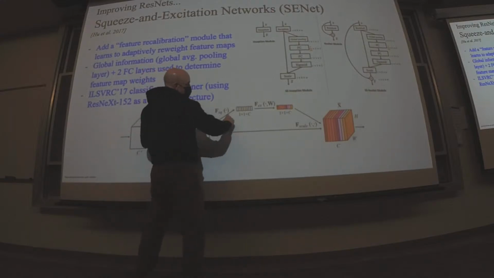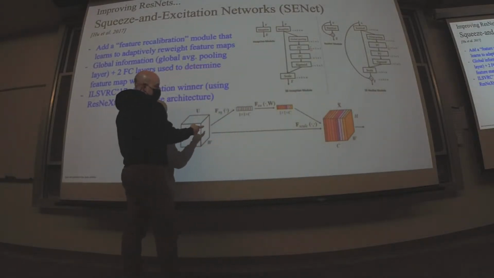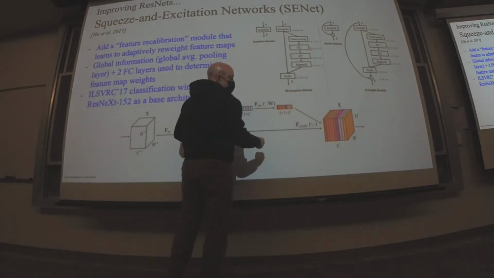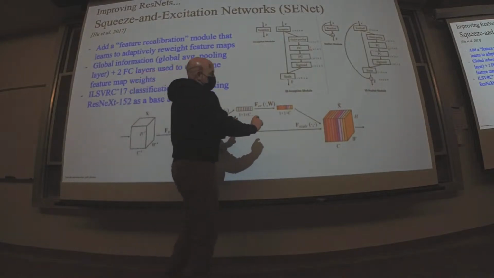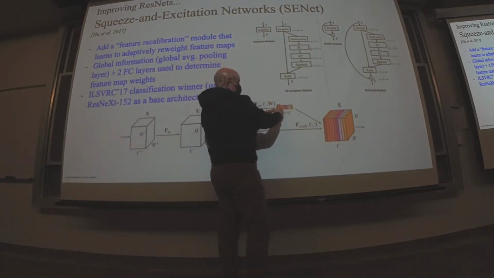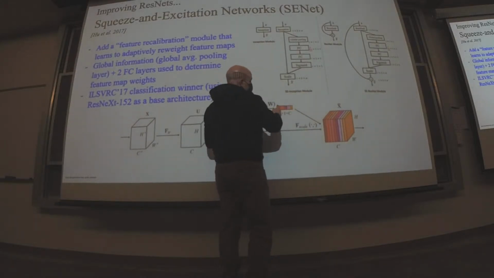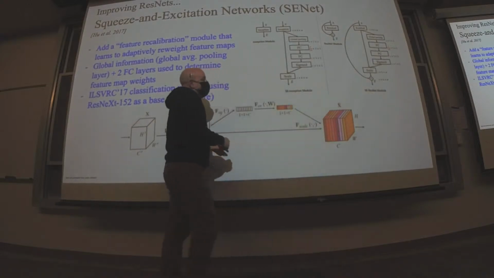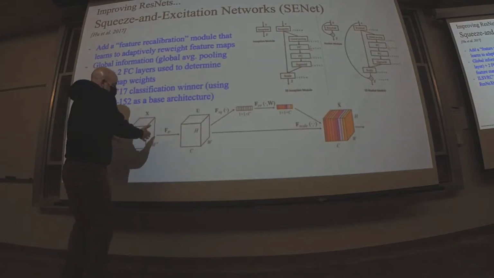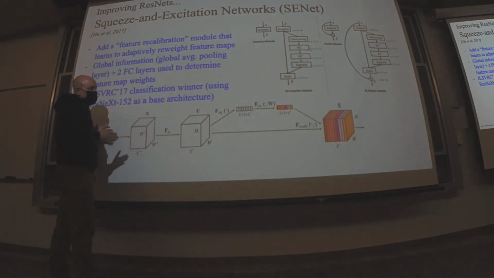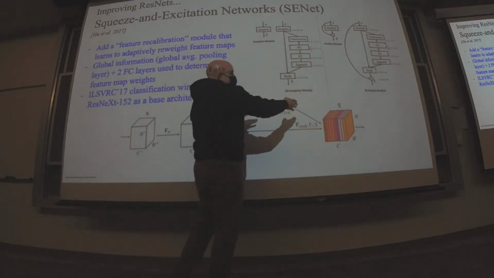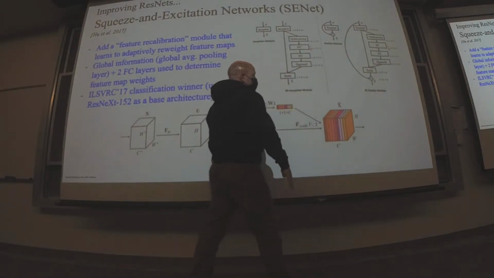Then I'm going to learn a weighting vector, a vector the length of the number of channels. Then I take that output and multiply each feature map by the corresponding value in this vector, and rescale it. So I have something that looks like the original feature map, but in a data dependent way. It allows the channels to be rescaled against each other.